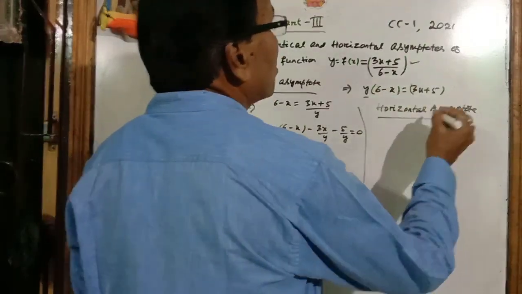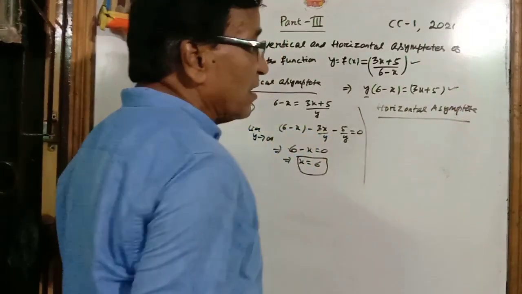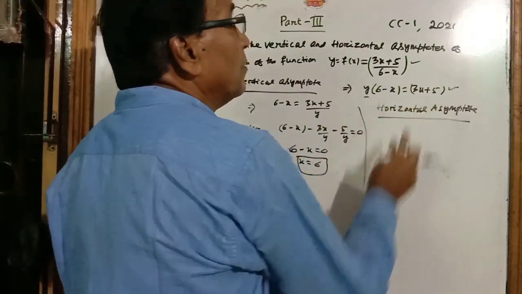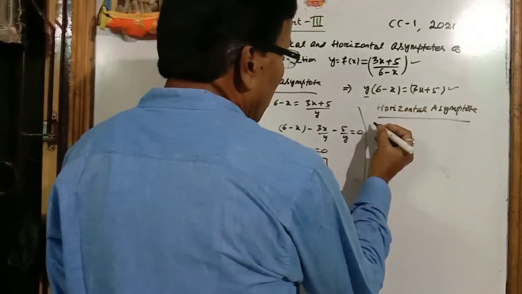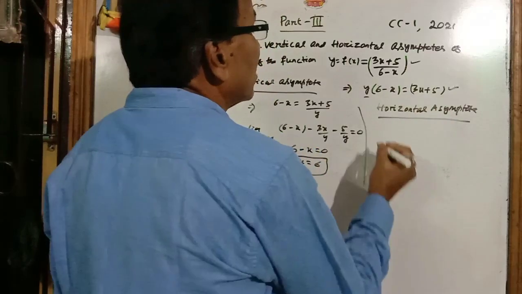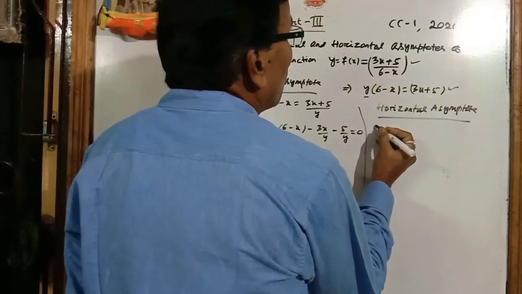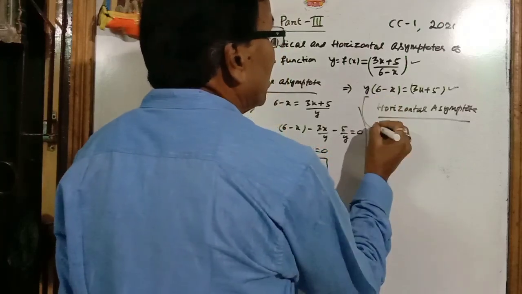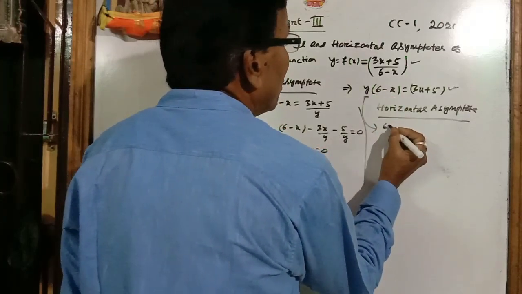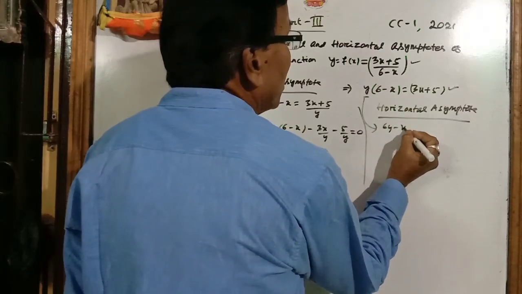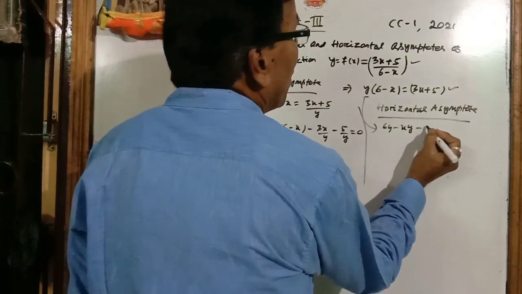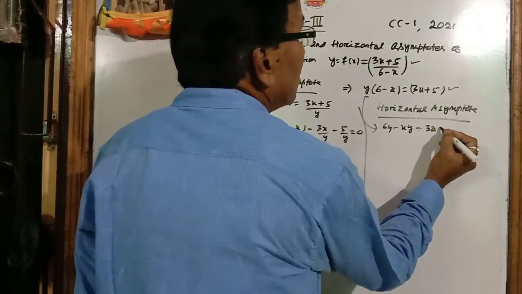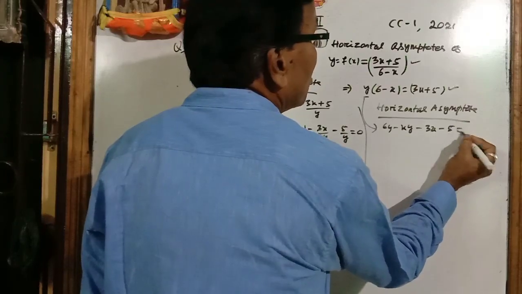What is the highest power of x? Highest power of x is x. So we divide the given equation, which is 6y minus xy minus 3x minus 5 is equal to 0.